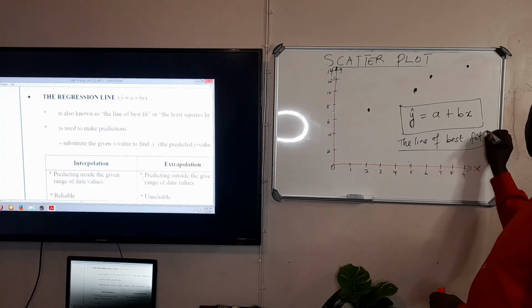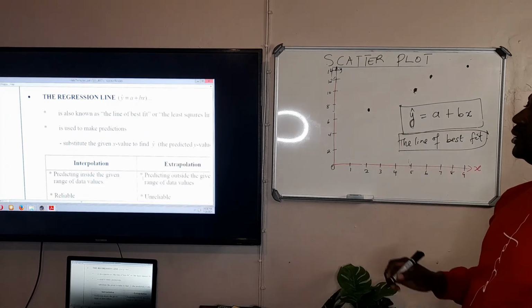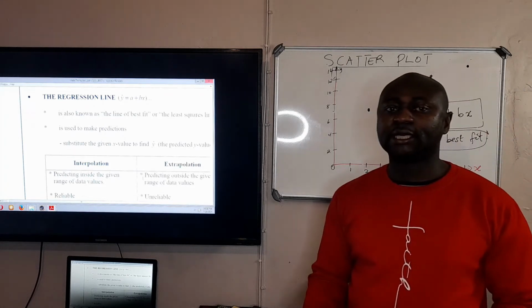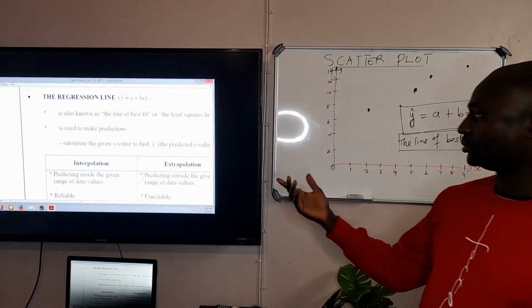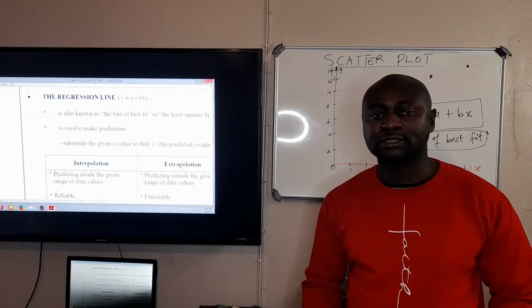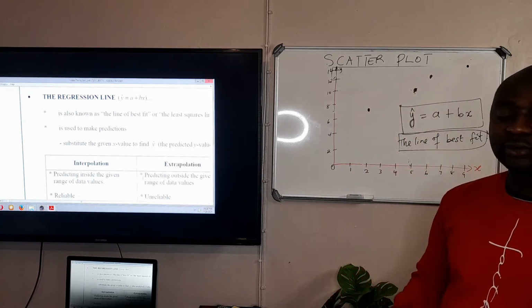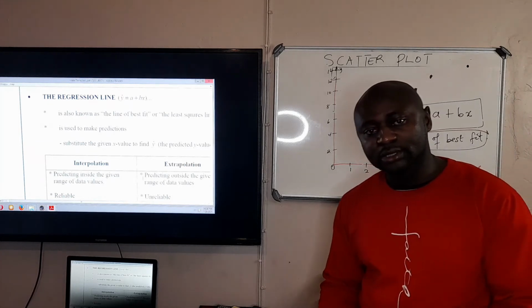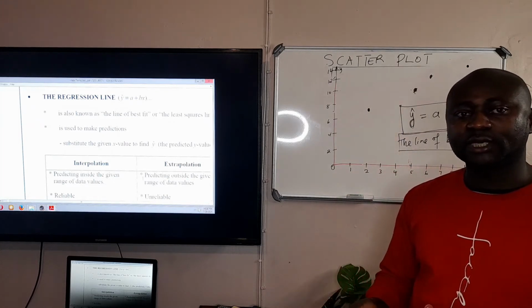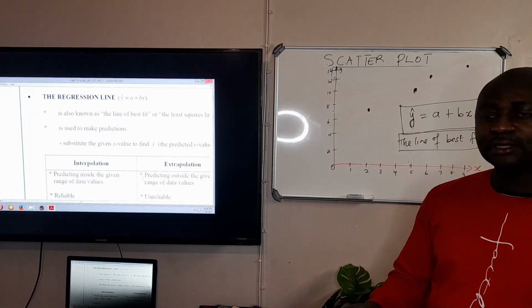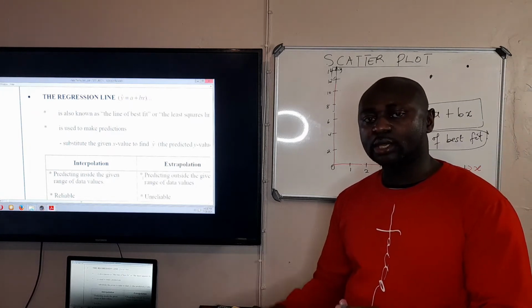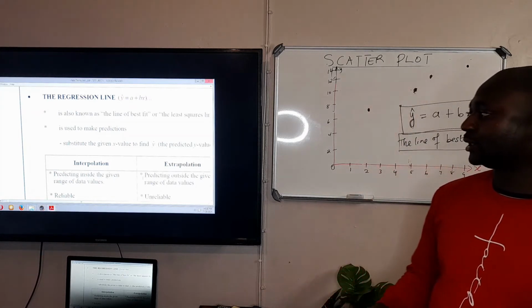That is the name that you can also call it. The regression line is also known as the line of best fit, which is also known as the least square line. So the question can ask you, calculate the equation of the line of best fit, or in other words, they can say, calculate the least square regression line. It means the same, guys.